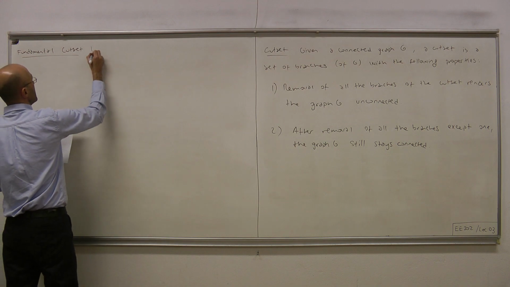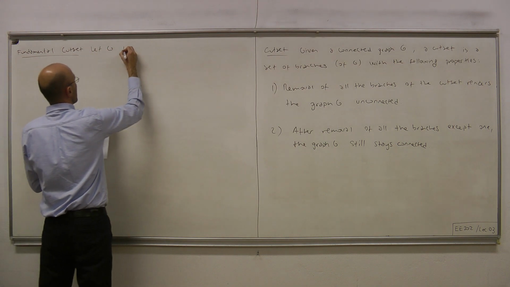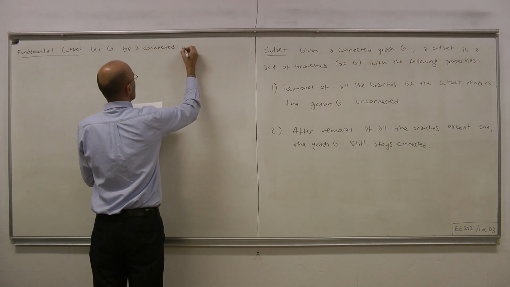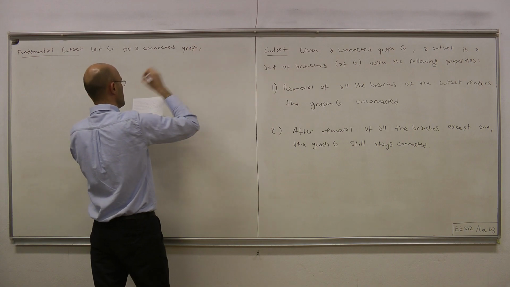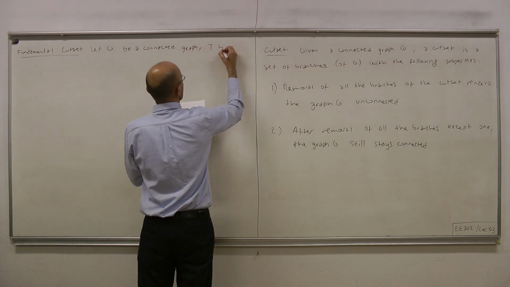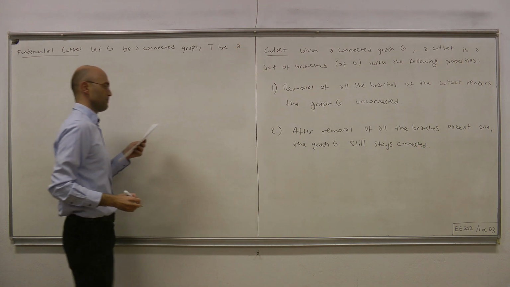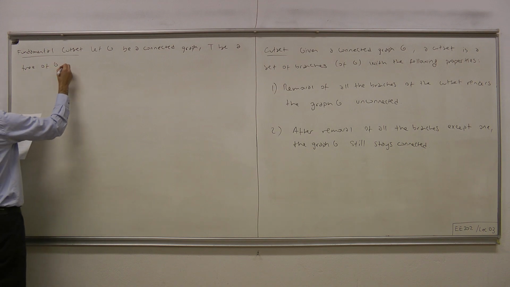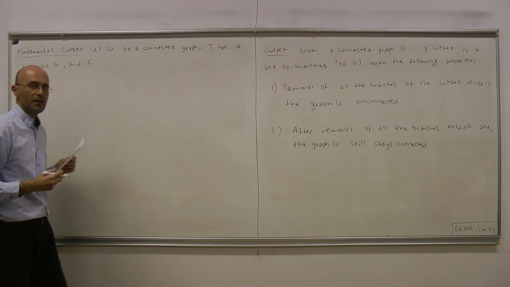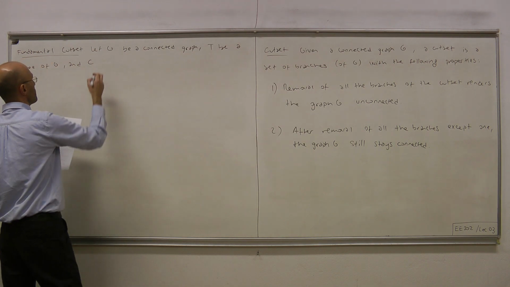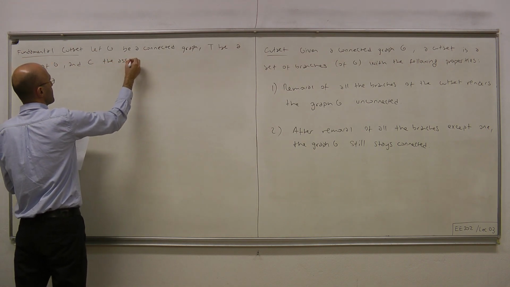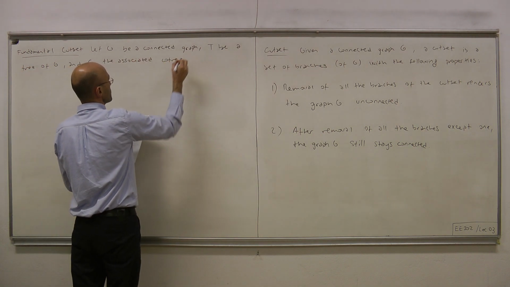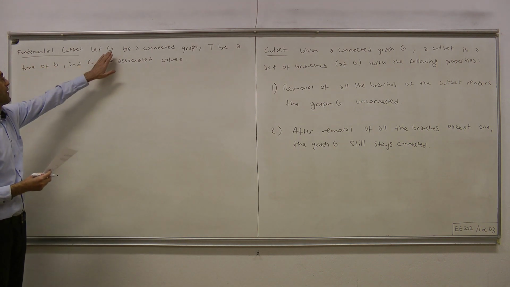Okay, what it is. So let G be a connected graph. It's always our starting point. And for that graph, let T be a tree, and finally C is the associated Cotree. Okay. We have a connected graph.